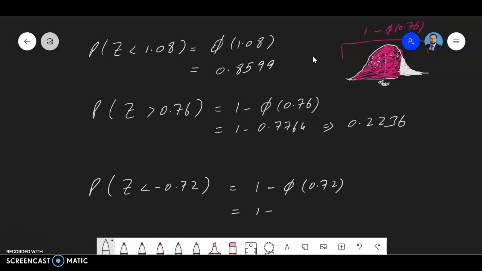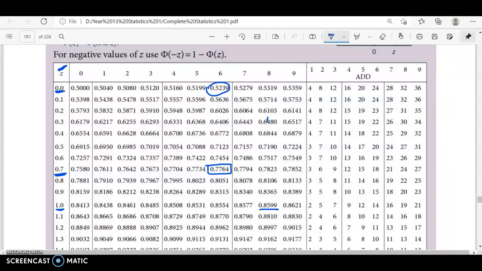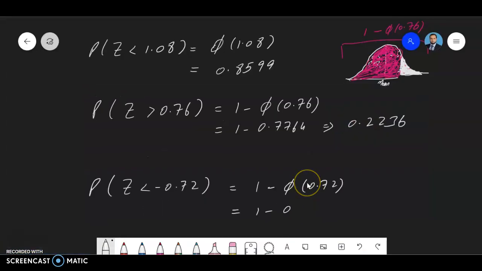So 0.72 has this value 0.7642, and by subtracting again, 1 minus 0.7642, we will get 0.2358.